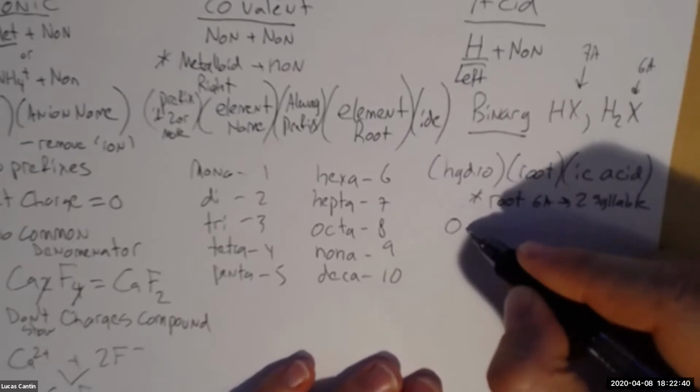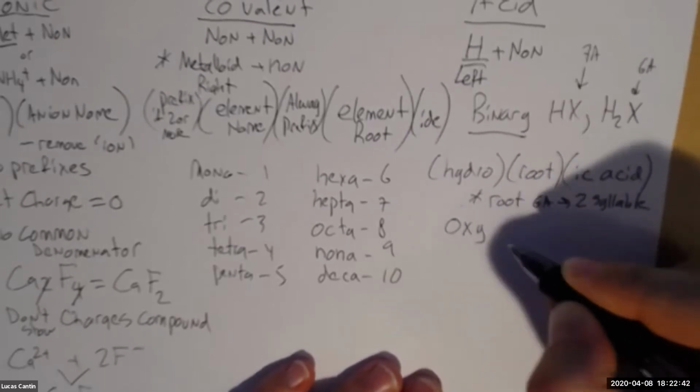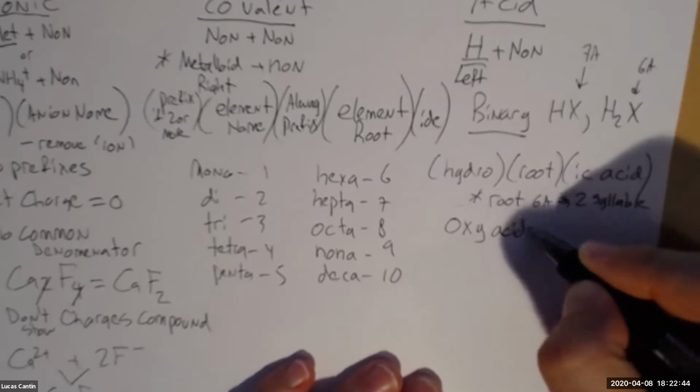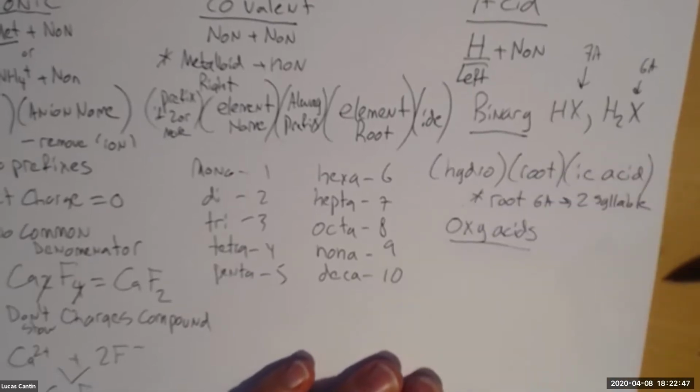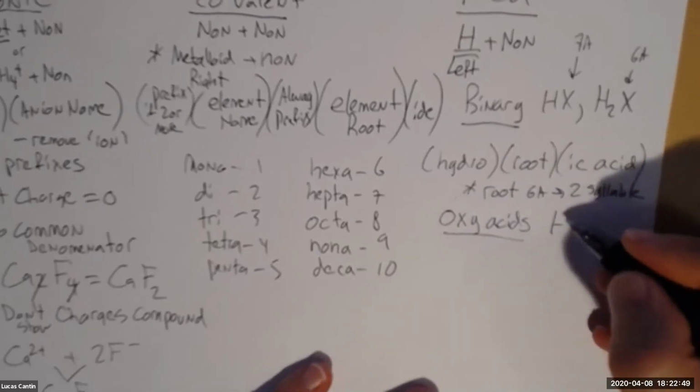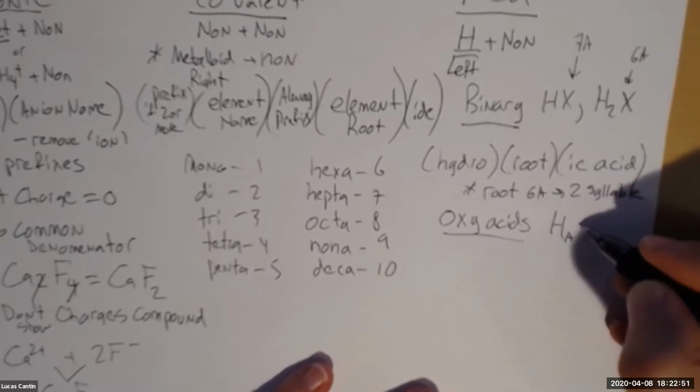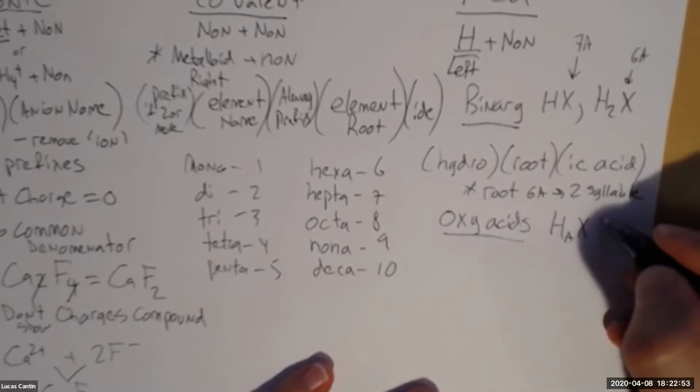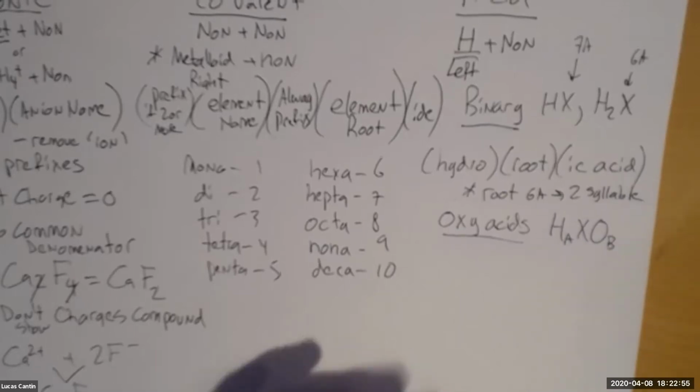So then there's the oxyacids. The oxyacids basically have three things. They're going to have hydrogen, some amount, a nonmetal, and then some amount of oxygen. All right.